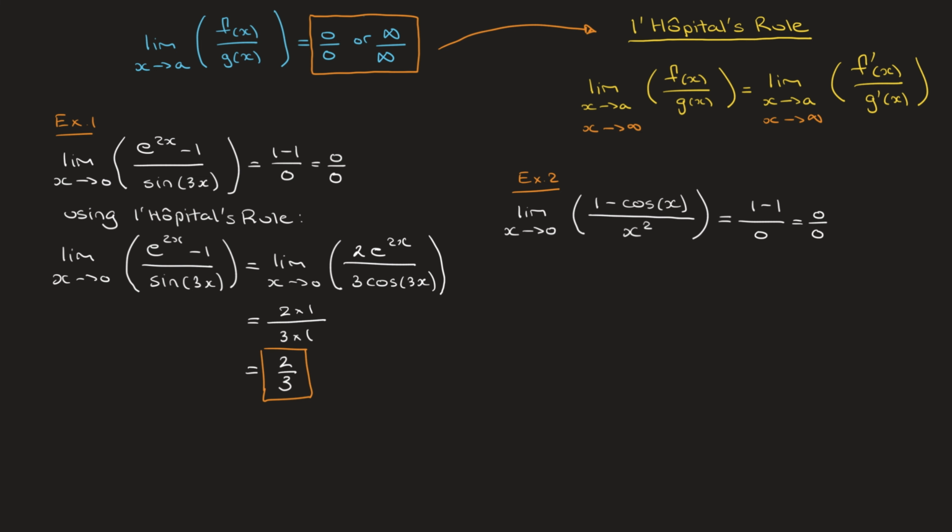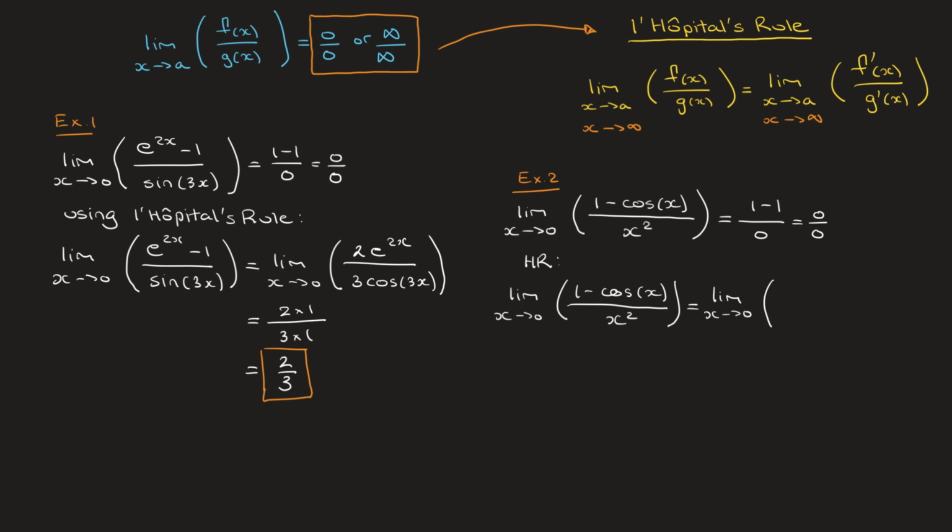Now using L'Hopital's rule again, and I'll just write HR this time. There we go. We can go ahead and state that this limit as x tends towards 0 of 1 minus cosine of x over x squared is equal to the limit as x tends towards 0 of the derivative of 1 minus cosine of x.